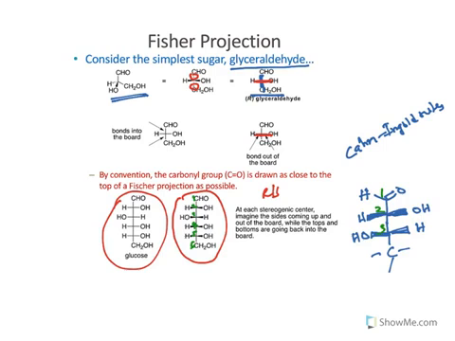So starting from the stereocenter 2, we're going to have OH being priority number 1 because oxygen is of a higher atomic weight than the carbon here, and this carbon here.